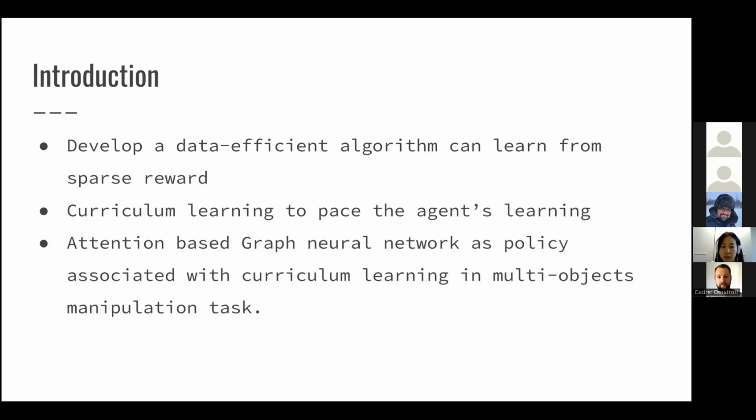So they try to add some relational inductive bias. So finally they try to use an attention-based graph neural network as a policy associated with the curriculum learning in the multiple objects manipulation task.